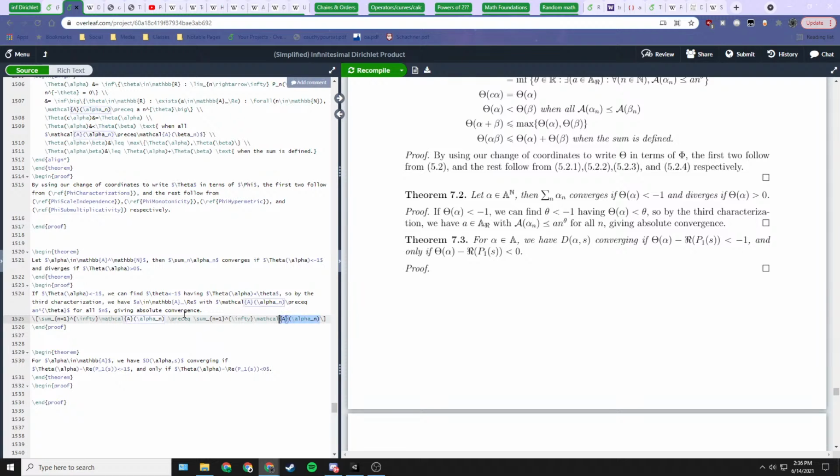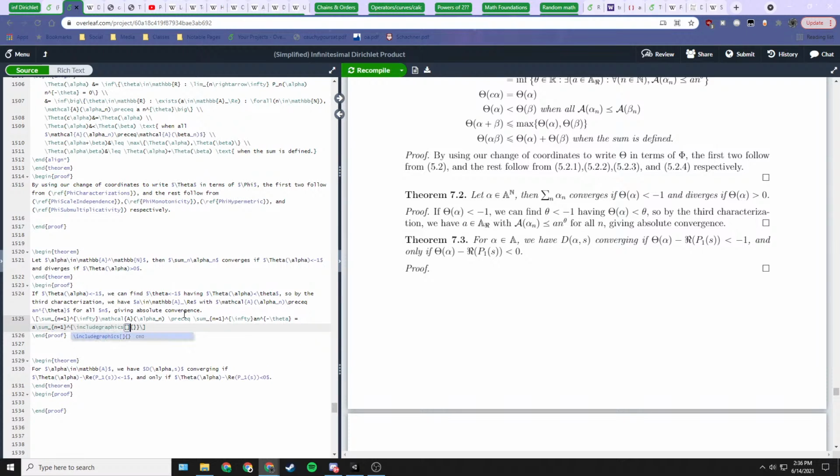So A alpha n, we have A n power minus theta, which is just A sum n equals 1 to infinity n power minus theta. Sorry, not minus theta, I keep doing that. It's just n power theta.